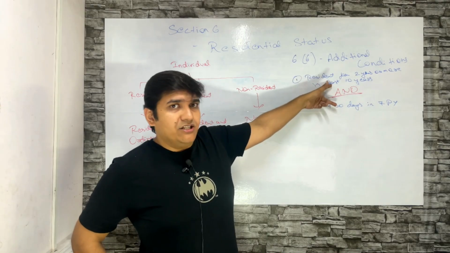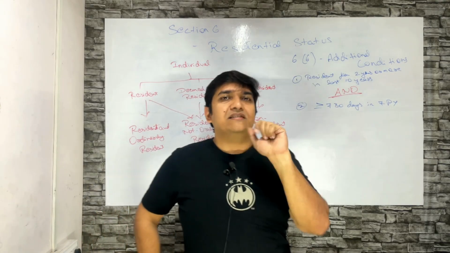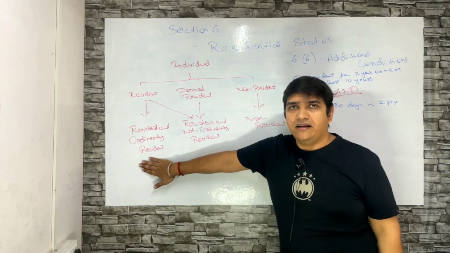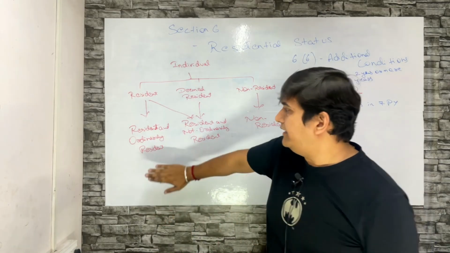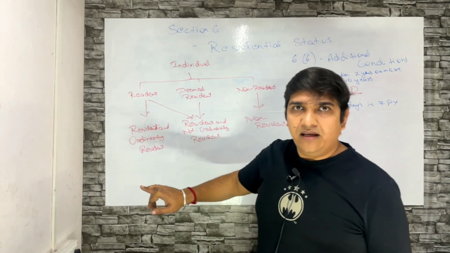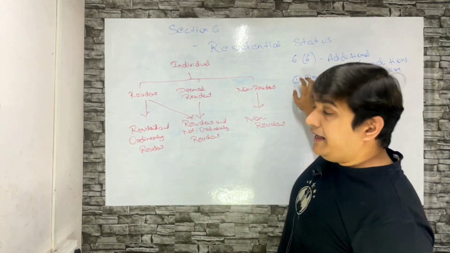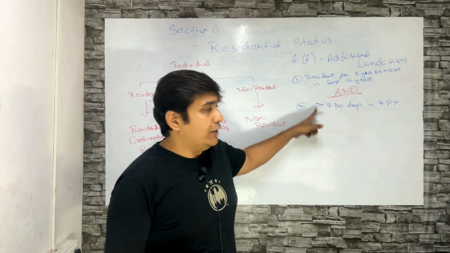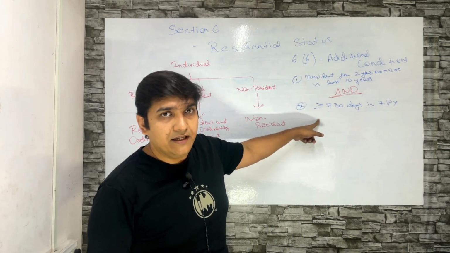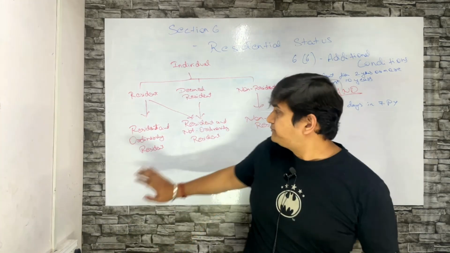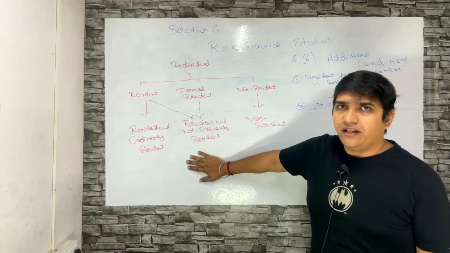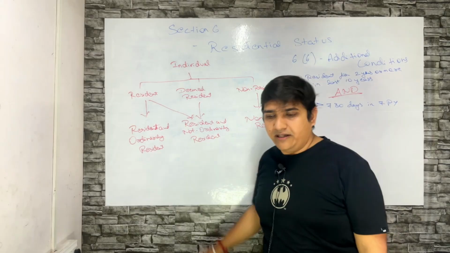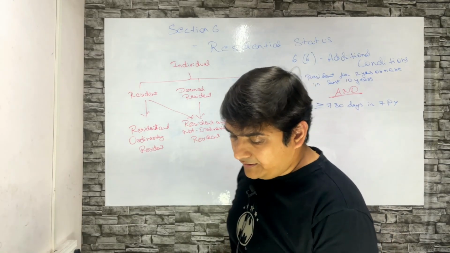If both the conditions are satisfied, then that person is resident and ordinarily resident. If any one condition is not satisfied, or both the conditions are not satisfied, then that person is resident and not ordinarily resident.